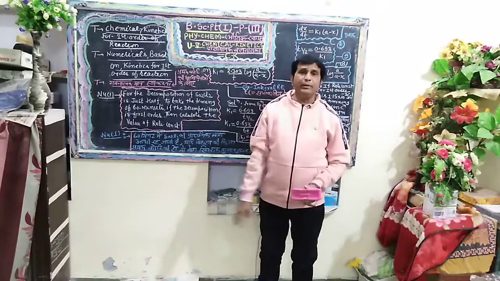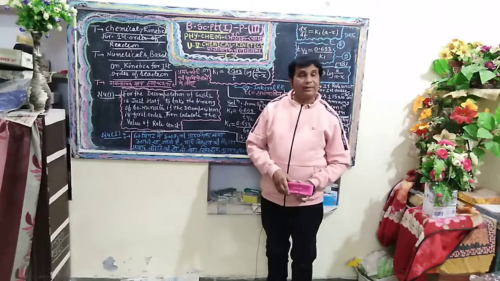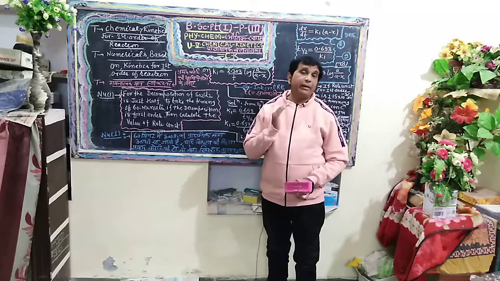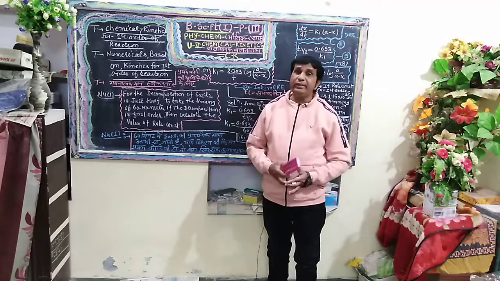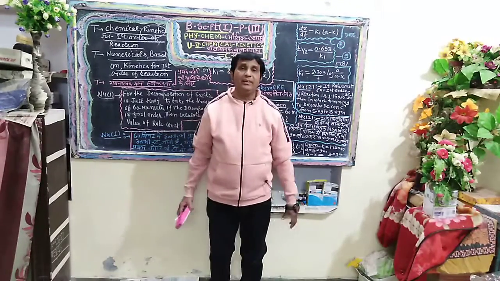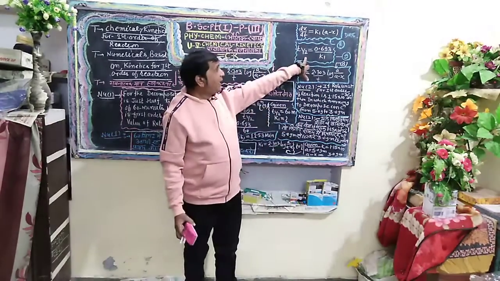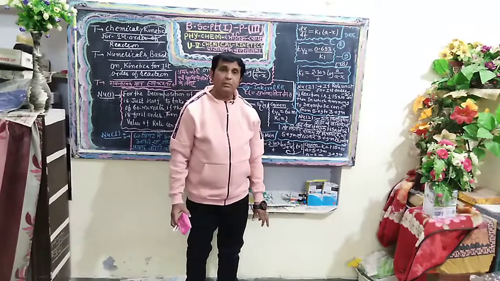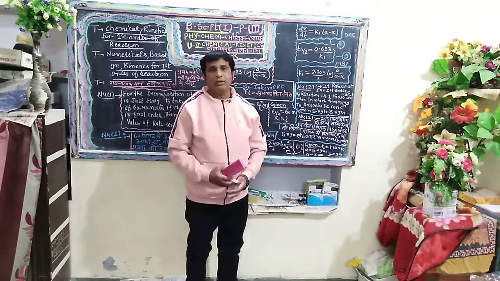By substituting the condition t is equal to t half, x is equal to a by 2, we solve the derivation: t half is equal to 0.693 divided by k1.